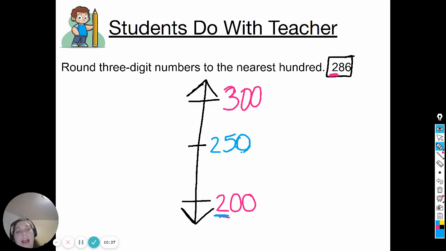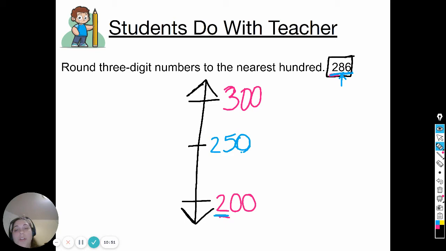Next, we're going to add our hash marks, and we're trying to figure out where 286 goes. So we're going to be counting by tens. So I'm going to be looking at the tens place and thinking about how I need to stop when I get to 280.